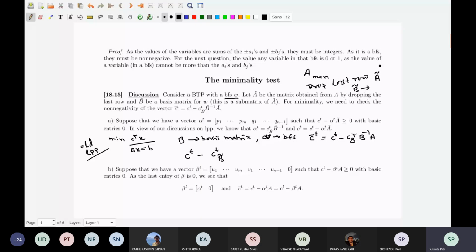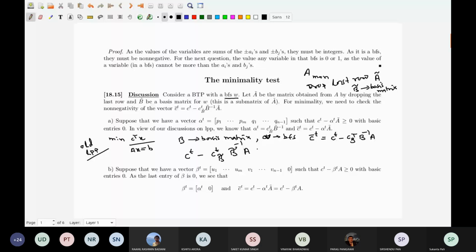So this is the basis matrix. Now CB tilde transpose B tilde inverse A tilde, this is what I am supposed to compute, and I am supposed to know whether this is greater than or equal to 0. That is what it is.